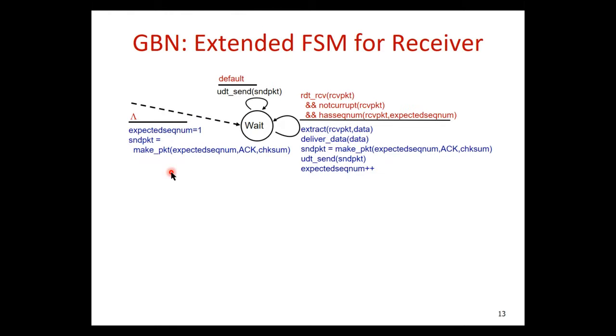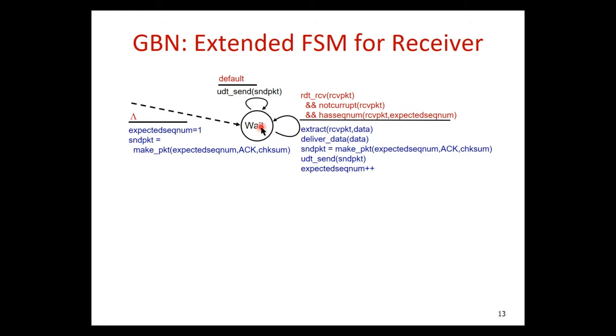Here the receiver will build a packet with ACK of 1, the expected sequence number, with a checksum. It just builds it and has it ready, and then it goes into this wait state.